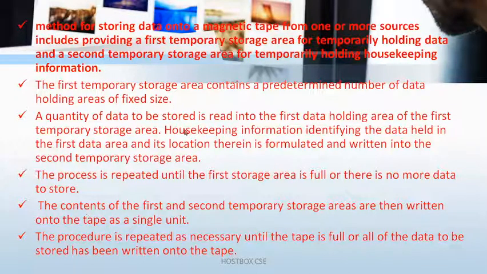So the diagram is important. The quantity of data is stored here, and the process is repeated until the first storage area is full or there is no more data to store. The contents of the first and second temporary storage areas are then written onto the tape as a single unit, and the procedure is repeated as necessary until the tape is full or all of the data to be stored has been written onto the tape.